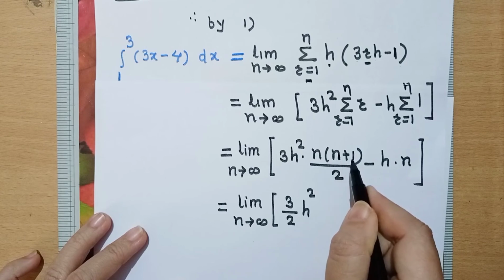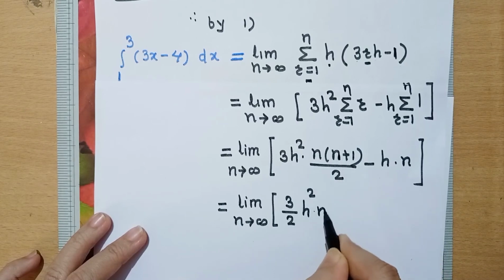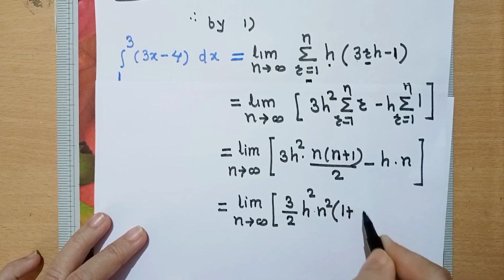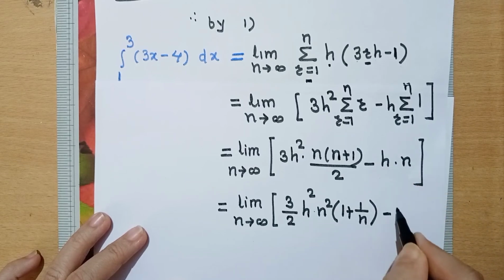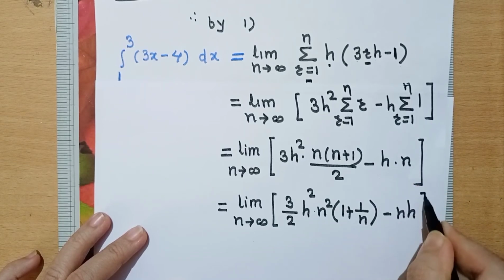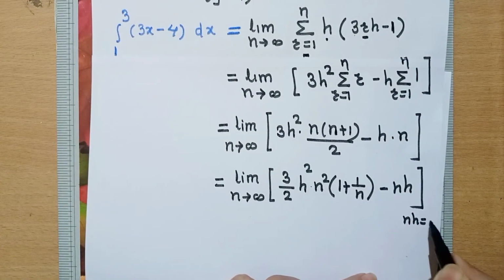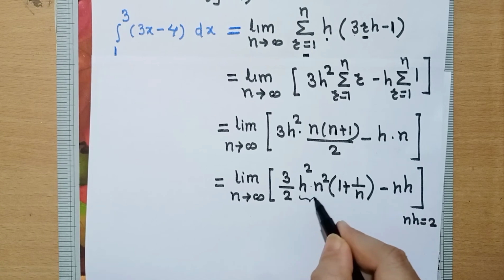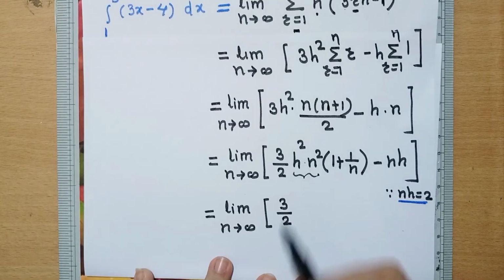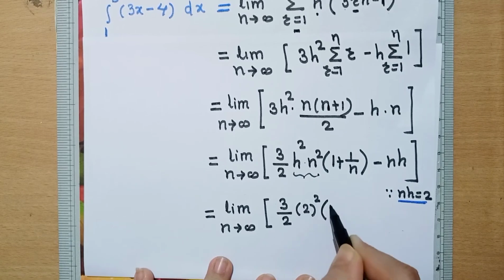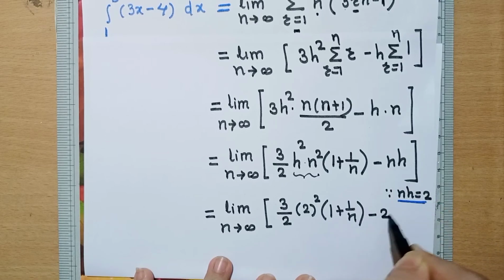From these two we will take n common, and so we have n square, and in bracket here 1 plus, we are taking n common, so here we will write 1 upon n, and this we will write as minus nh, and bracket complete. And since value of nh equal to 2, we will substitute here and here, and this means 2 square, and here we will write 1 plus 1 upon n, and here minus 2, this bracket complete.